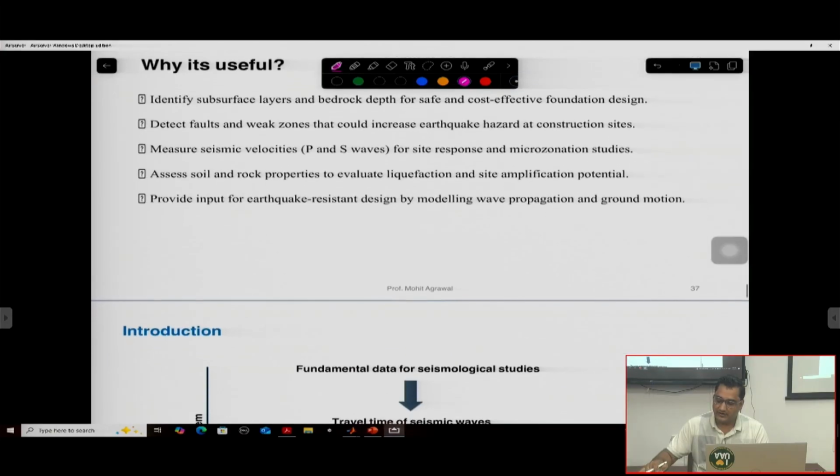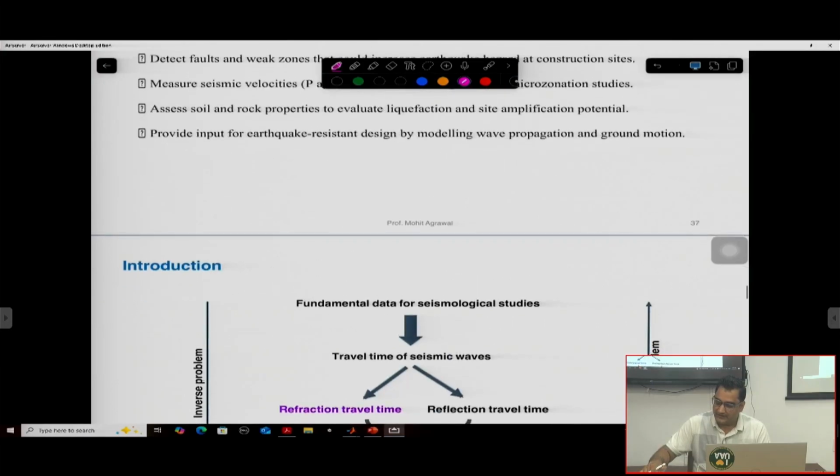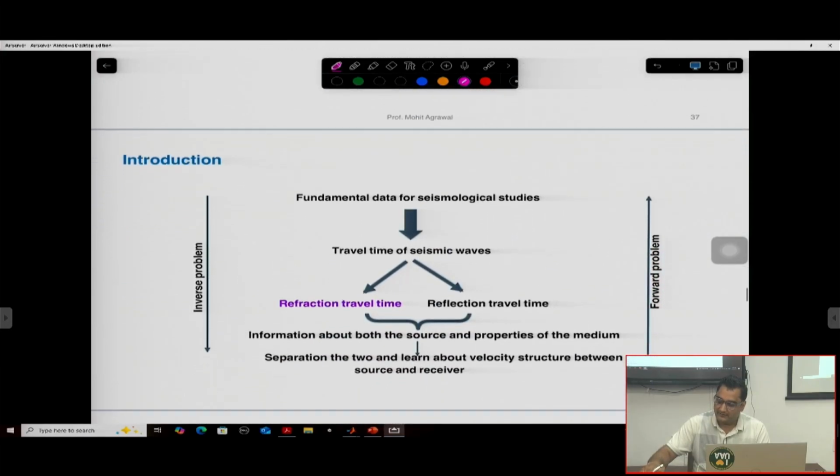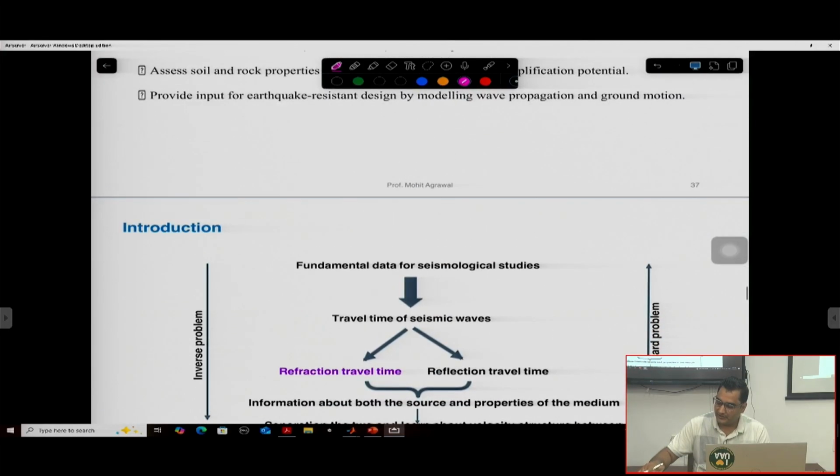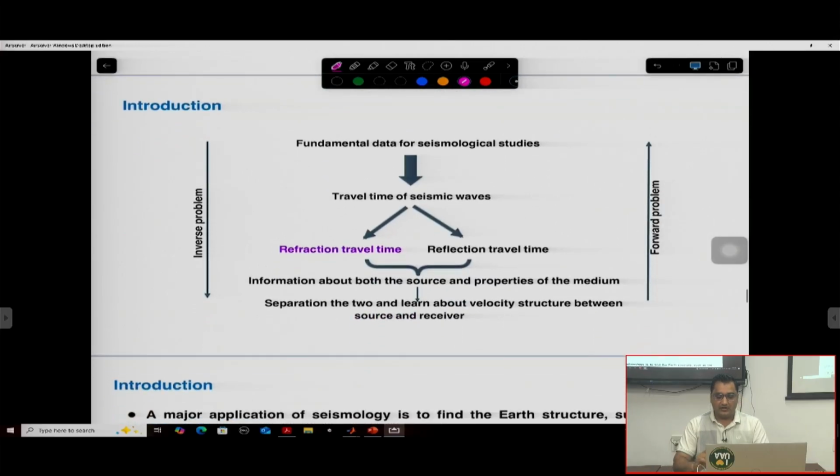Also, you can assess the soil compaction and rock properties, and then evaluate the liquefaction and site amplification potential. And it also provides the input for the earthquake resistant design and by modeling wave propagation and the ground motion. So what do we actually do?